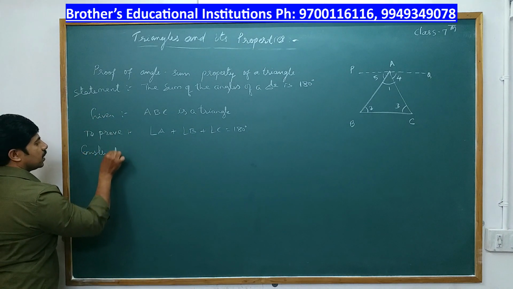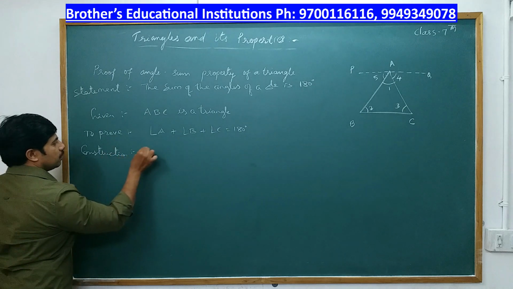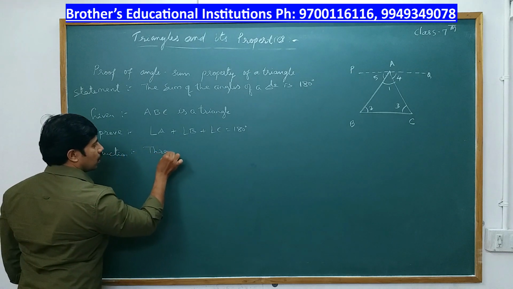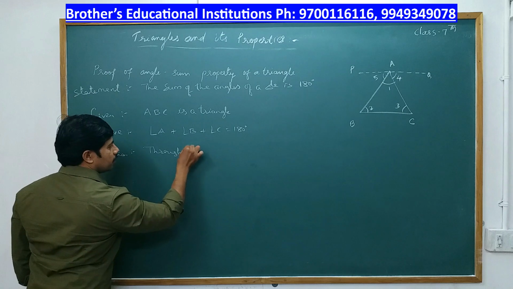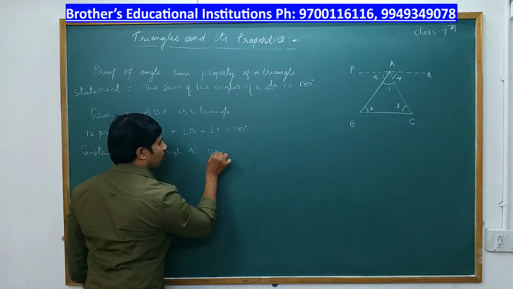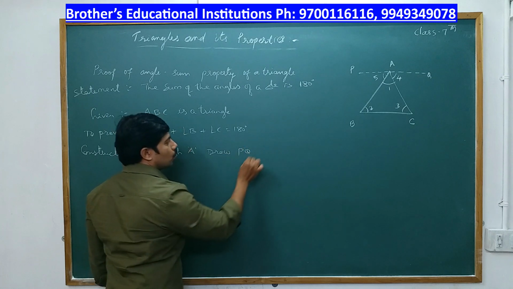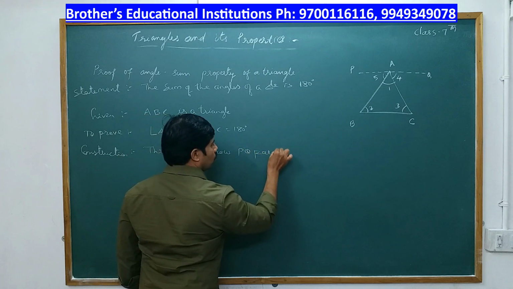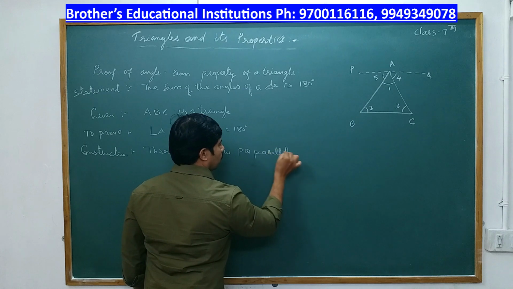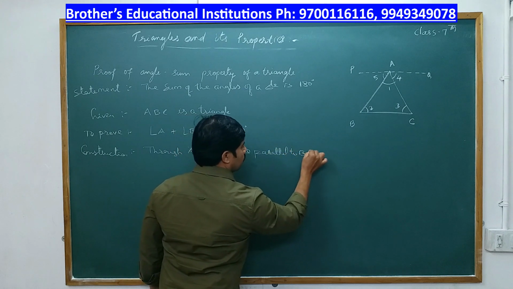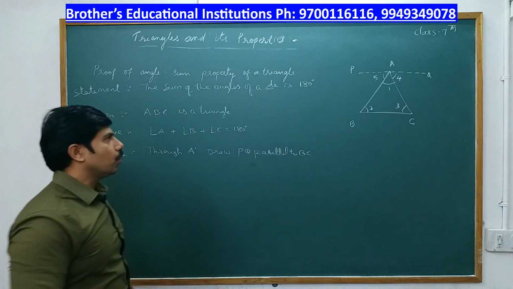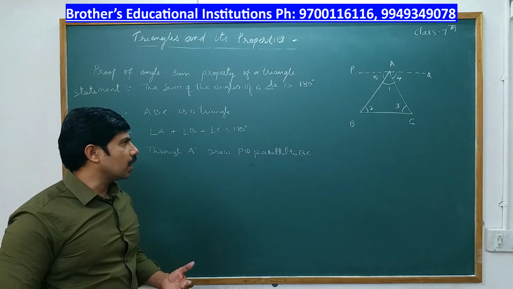Construction: through A draw PQ parallel to BC.